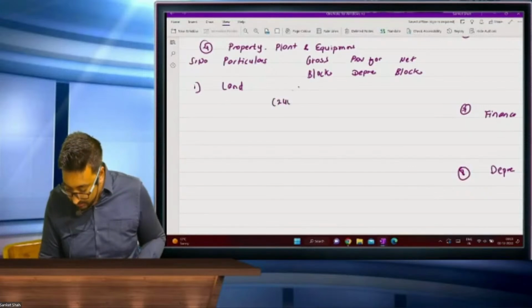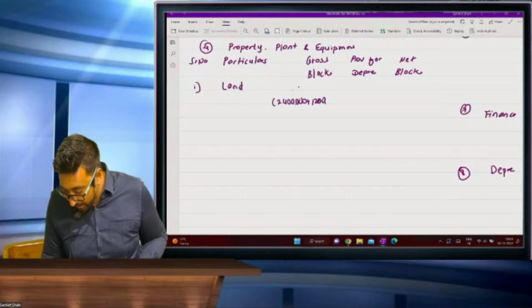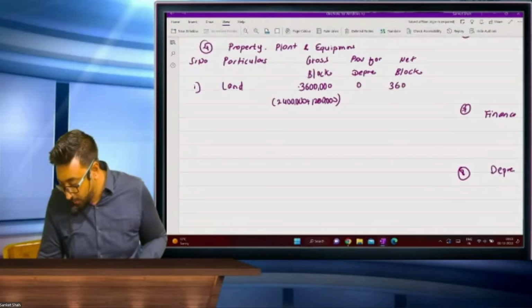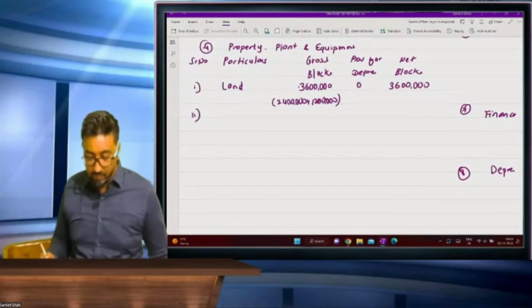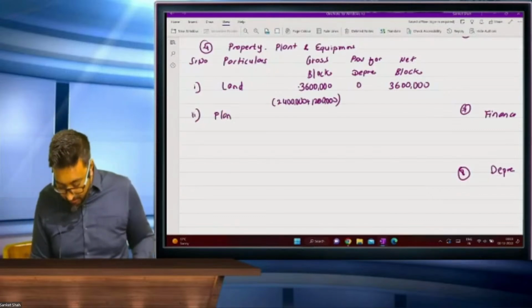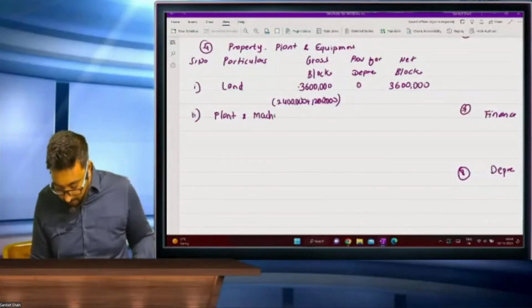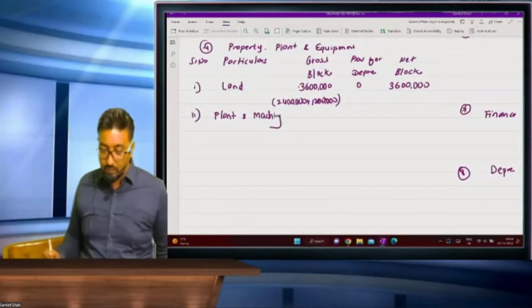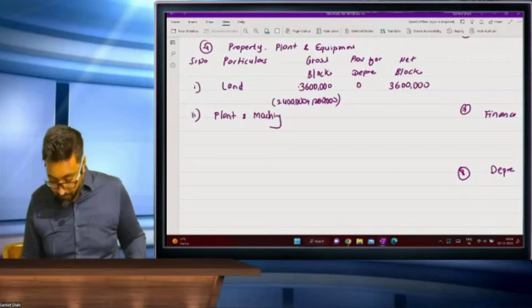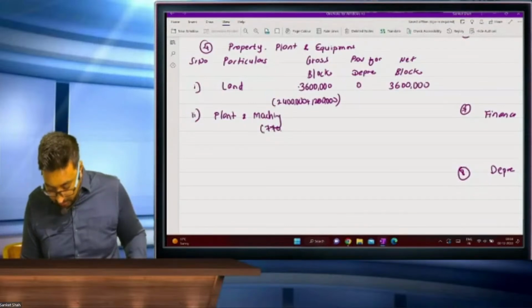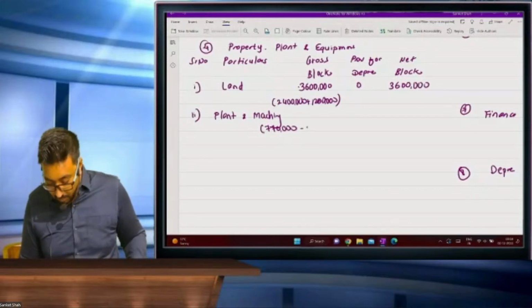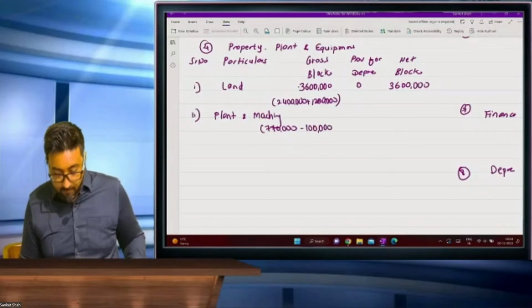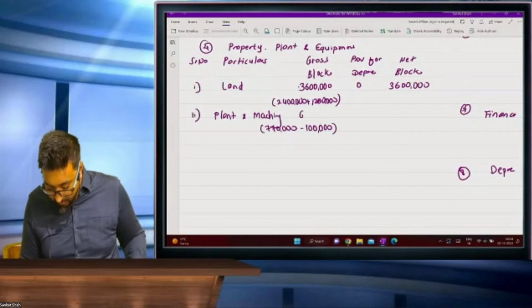24 lakhs plus 12 lakhs. So in gross block 36 lakhs. 36 lakhs. Plant and machinery 7,70,000 minus 1 lakh, 6,70,000.